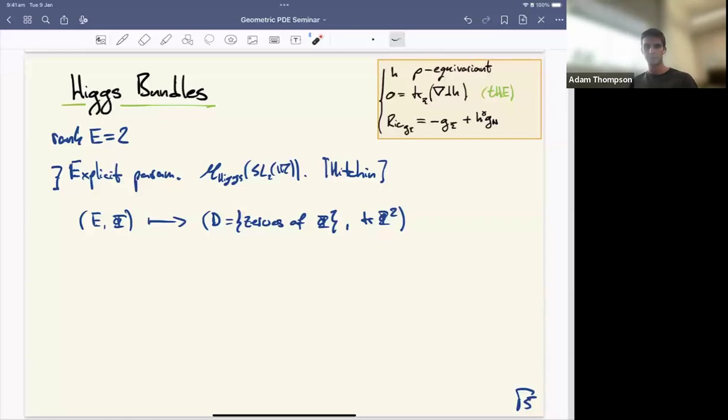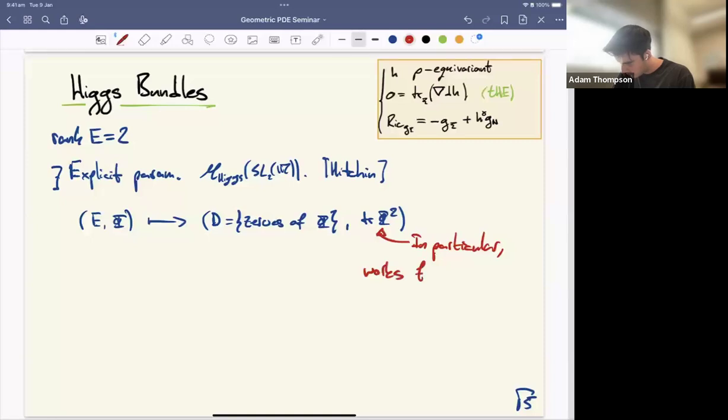Conversely, if you were to give me a set of points that's not too big, and give me a function, then I could give you a Higgs bundle back with those two things. In particular, this works for trace phi squared equal to 0.